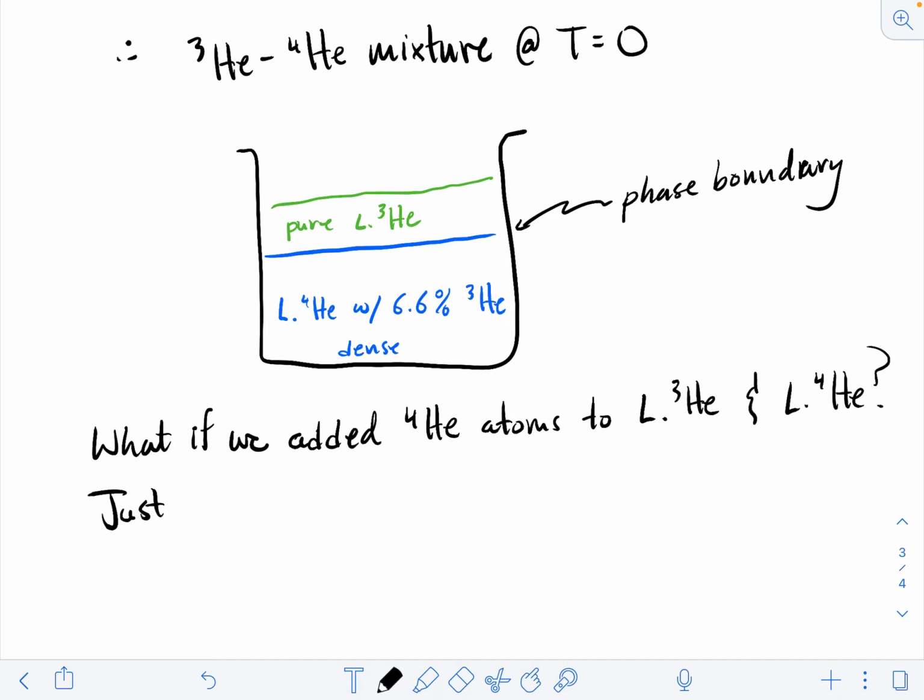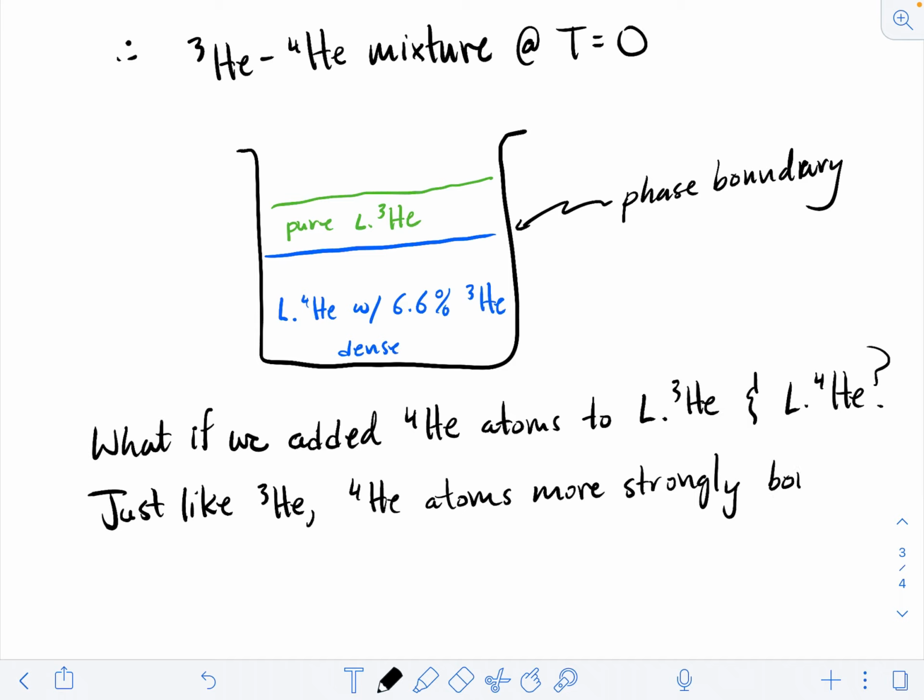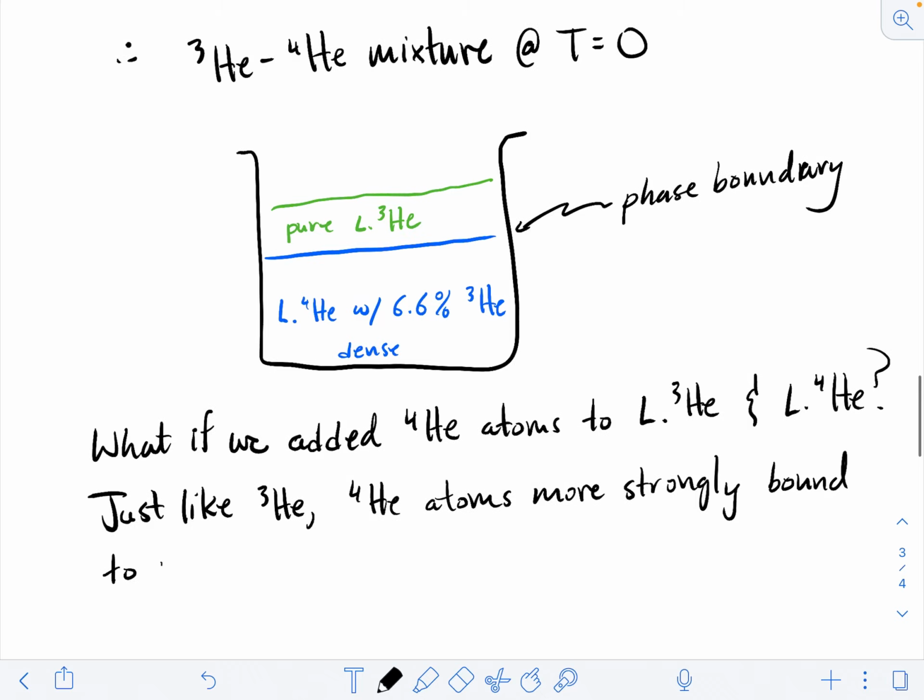Well, the argument is the same. Just like was the case for helium-3, the helium-4 atoms are more strongly bound to neighboring atoms in liquid helium-4, just for the same reason.